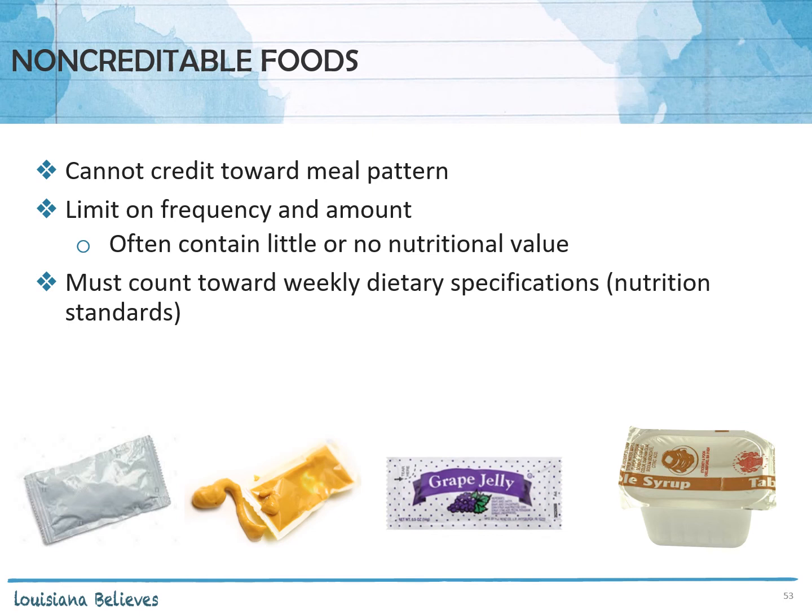Non-creditable foods that are often offered as part of a reimbursable meal must be counted towards the weekly dietary specifications. If non-creditable foods are served, they must contain 0 trans fat, and their inclusion cannot cause the menu to exceed the average weekly limits for calories, saturated fat, and sodium.